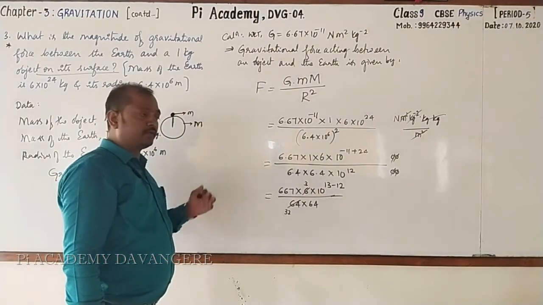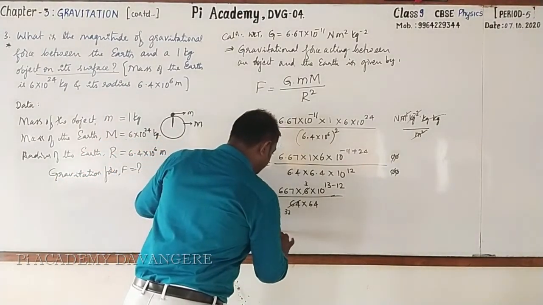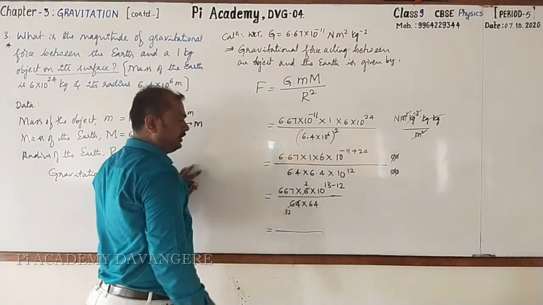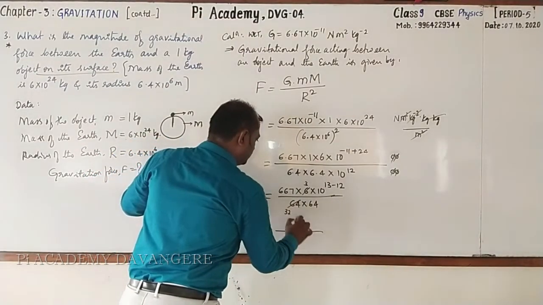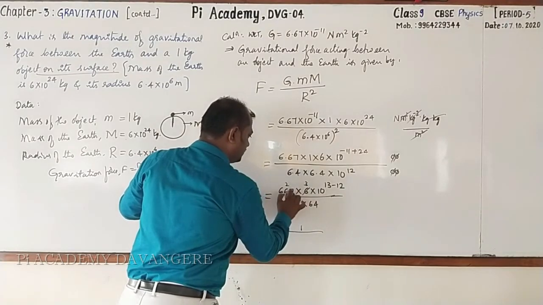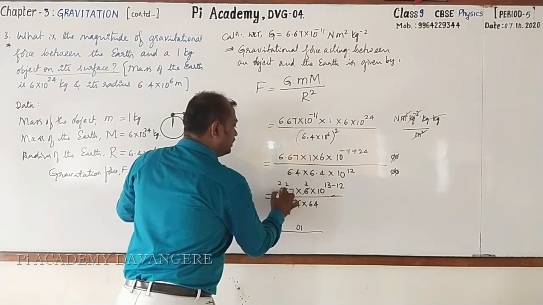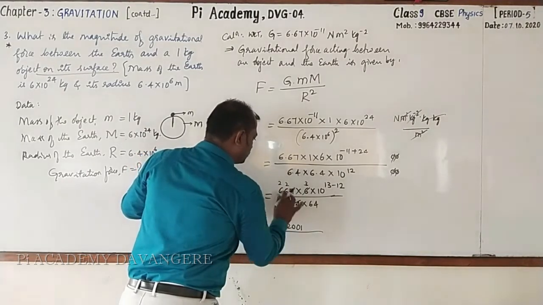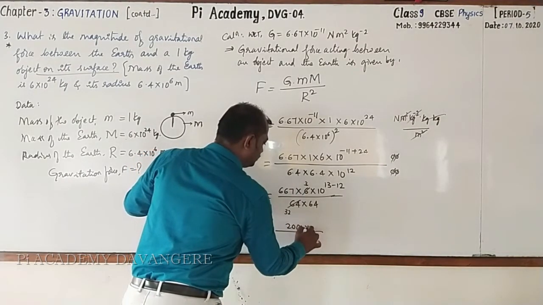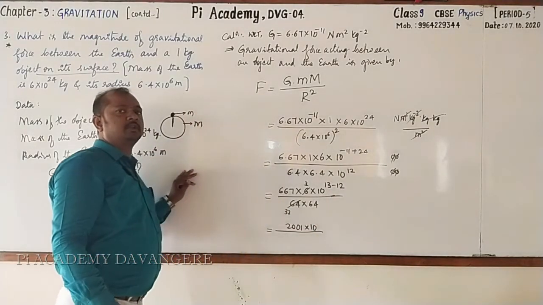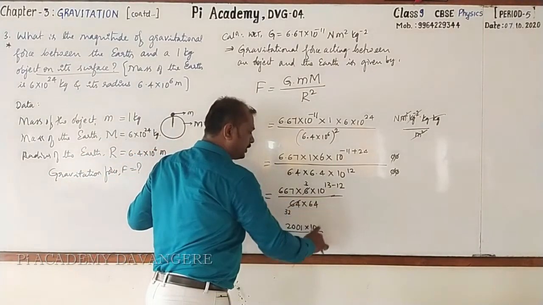Now let us go for multiplication. This is equal to, multiply 667 and 3. 3 7s are 21. 2 is the carry. 3 6s are 18 plus 2 is 20. 2 is the carry. 3 6s are 18 plus 2 is 20. 2001 into 10 raised to the power 13 minus 12. 13 minus 12 is 1. 10 raised to the power 1 is 10.